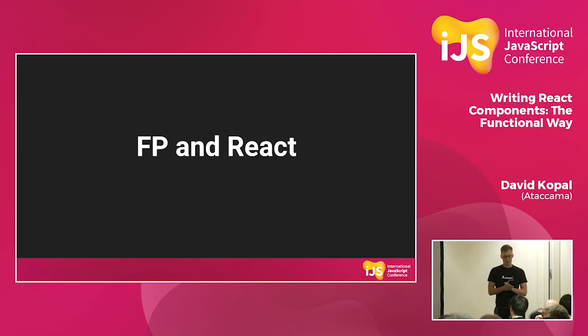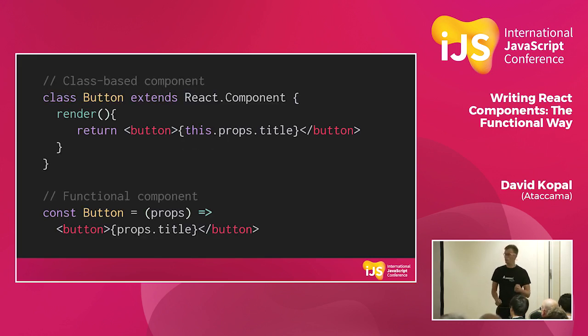So let's take a look at how we can use our principles in React. So, as we all know, React applications are composed of components. But what's a component? If we just take a quick look at a simple component, here's a class-based component and functional component. You will know that class is just a syntactic sugar for functions, and functional component is basically a function. So React components are a function.